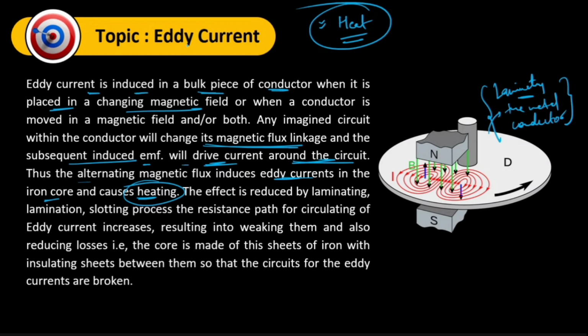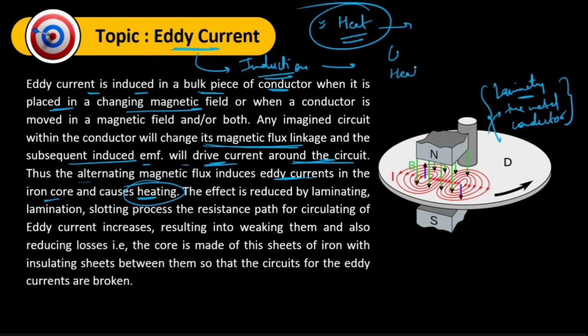But we do use it in many applications. In induction, we produce eddy current to such a large extent that this heat is used to actually heat things up. Similarly, we use the same thing in geysers, as well as in some heaters which we use during winters.